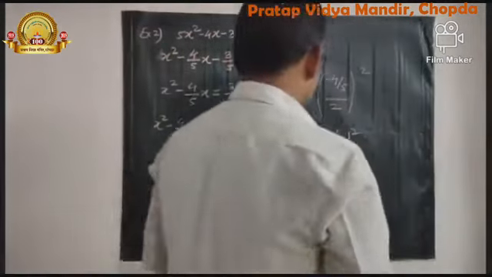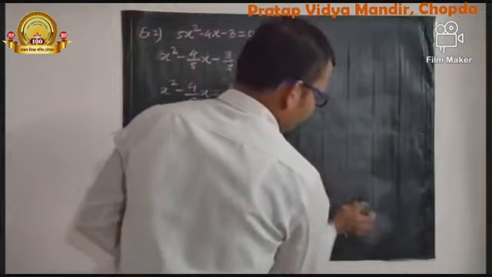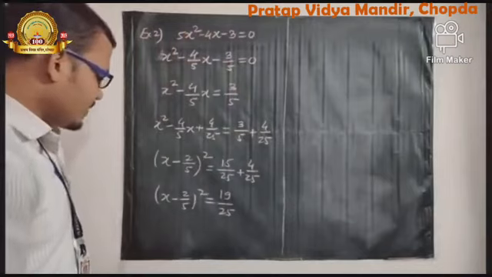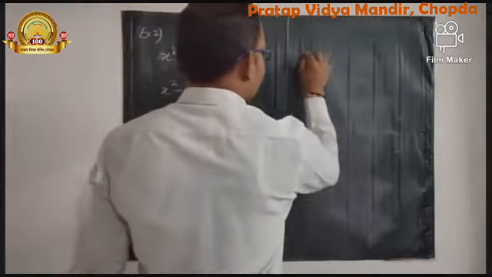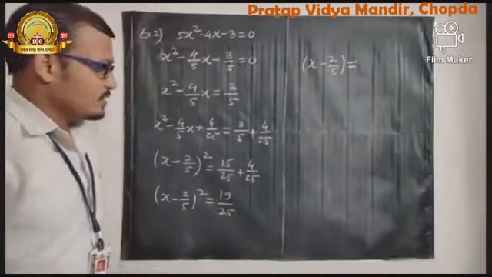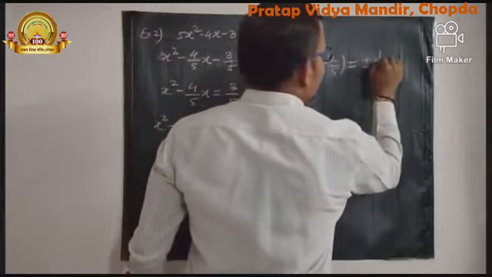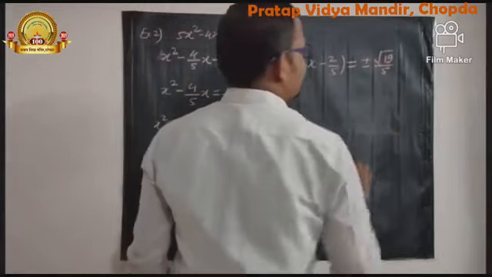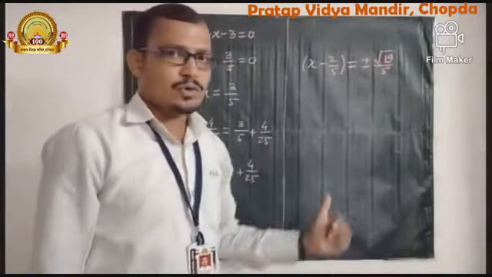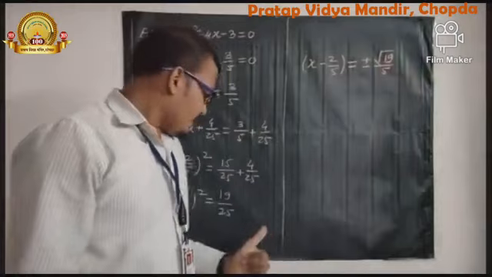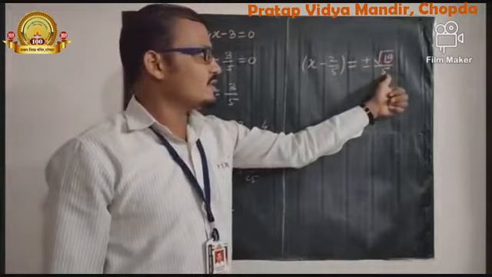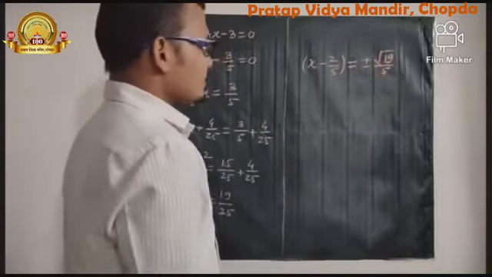Now what we have to do here is take the square root on both sides. So by taking the square root on both sides, we get x minus 2 upon 5 is equal to plus or minus under root 19 upon 5, because 19 is not a perfect square, so we take the square root of 19 as under root 19, and the denominator 25 is a perfect square, so we take its square root as 5.